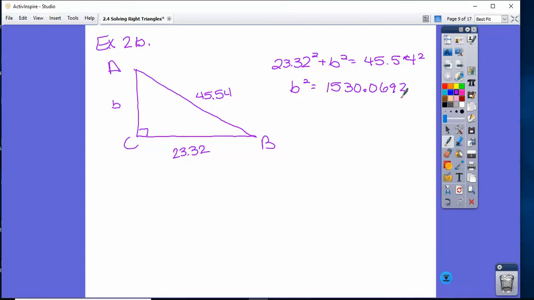Square root. How many significant digits do I want? 4. So we will call this 39.12. And if I had given you a measurement like inches or feet, you would go ahead and include that label. Did we get that side okay?